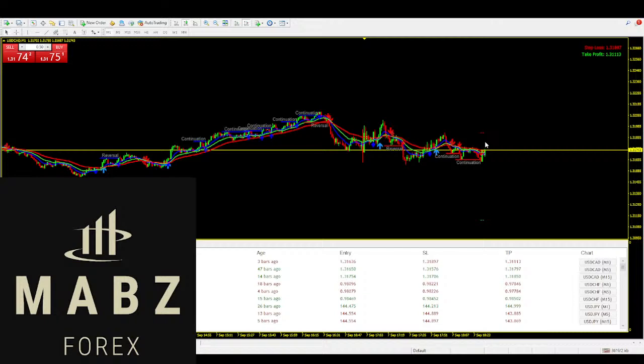Another way would be using another set of moving averages, which is the 8 and the 18. I hope you guys are writing it down. Next time I'll make sure this is displayed on the screen, but just try to follow what I'm saying, and if you have questions, you can just ask me afterwards.